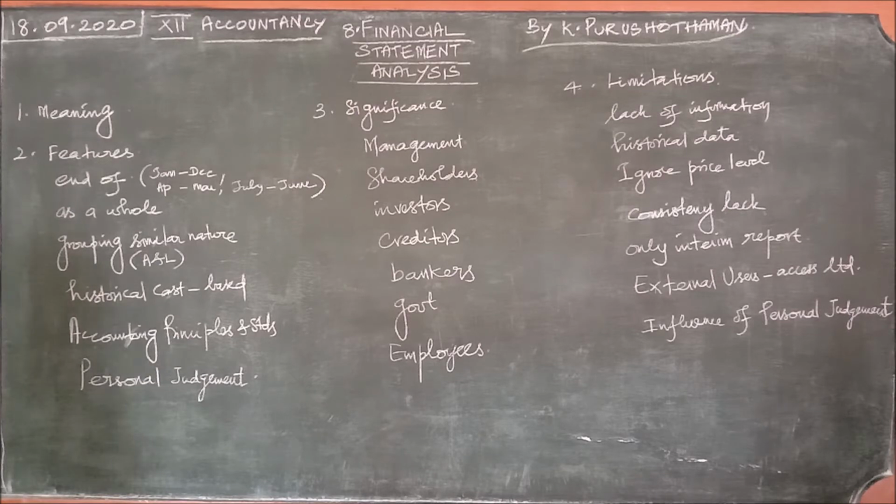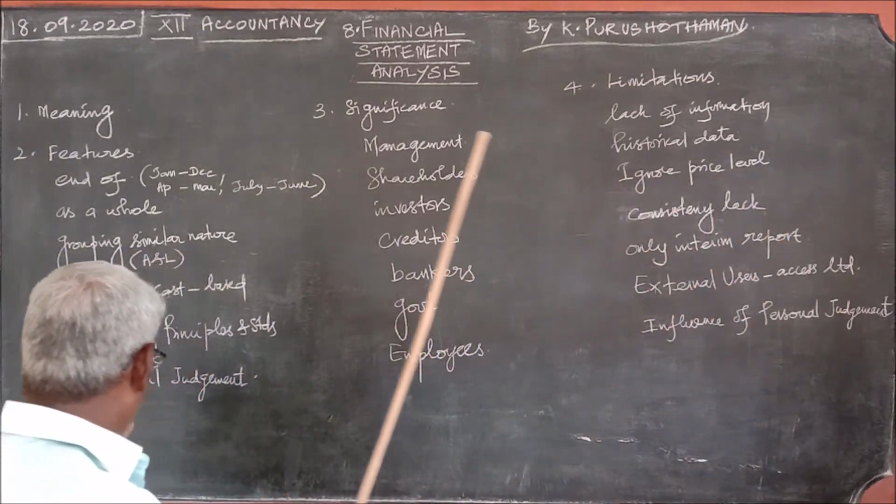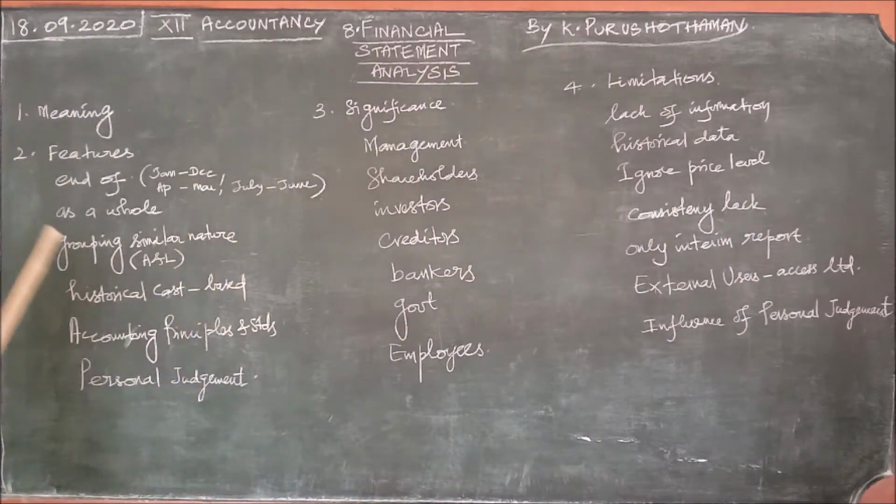Therefore, all the items of the same nature are collected together, and keeping them ready, the statement is prepared. Therefore, there is grouping of similar nature, that means the same type of assets, the same type of liabilities.